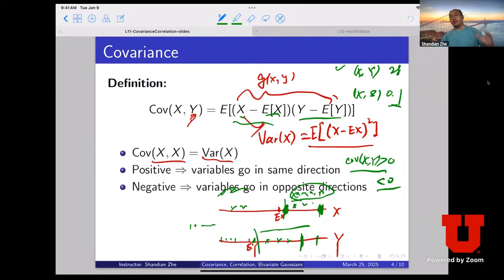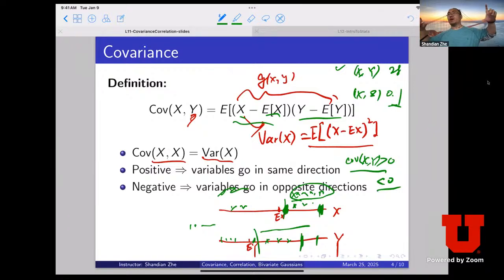Yeah, small covariance is not variance. Covariance is always talking about two random variables, while variance is just for a single random variable. Larger covariance size always indicates that they're varying. It's not about the direction they are varying, it's about the degree they are varying.